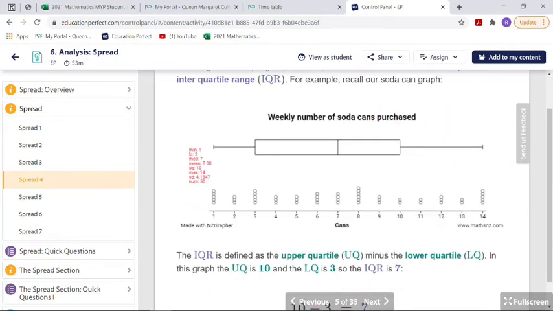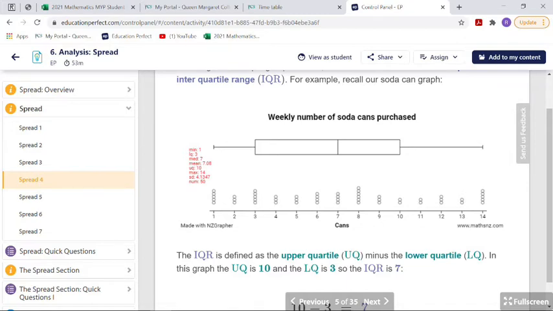Going back to the soda cans, if you look at the ends of the range, if you have an outlier, it's going to pull one of those whiskers really far, either to the right or left. Yes, we've talked about that in the past. But we frequently ignore range when we're talking about spread because the interquartile range, in other words, from the upper quartile to the lower quartile, is a more stable set of data.